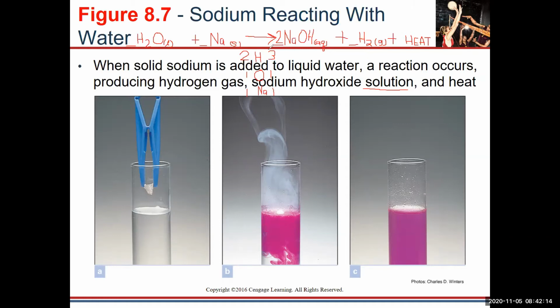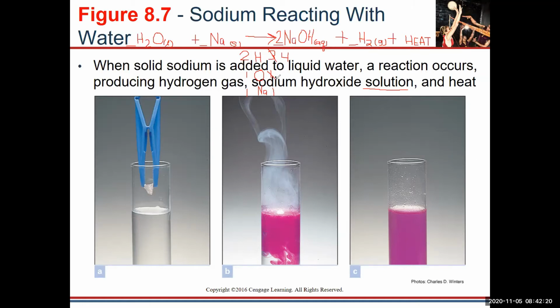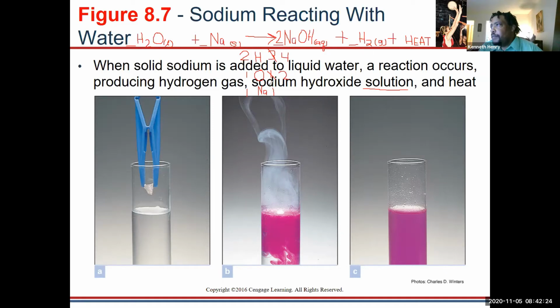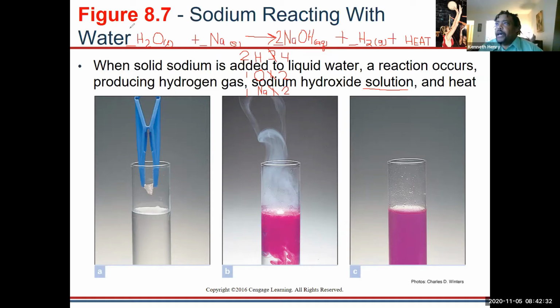Would it be 4? Okay, total 4. How many oxygens would I have? 2. And then how many sodiums? 2. Okay, so what could I do to balance that out on my reactant side?